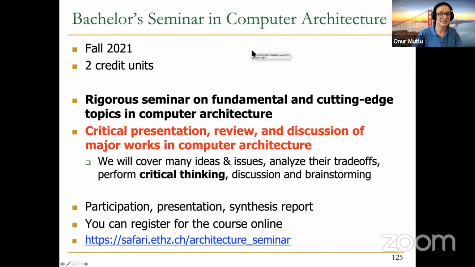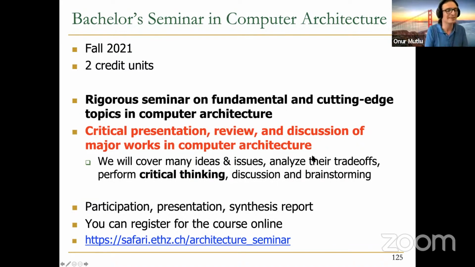And this is a little bit more about the bachelor seminar in computer architecture. Basically, it's a rigorous seminar on fundamental and cutting edge topics in computer architecture. You get to critically present, review, and discuss major works in computer architecture. You can cover many ideas, usually with anywhere between 16 to 25 papers or so. Analyze their trade-offs, perform critical thinking, discussion, and brainstorming. Of course, you don't have to read every single one.